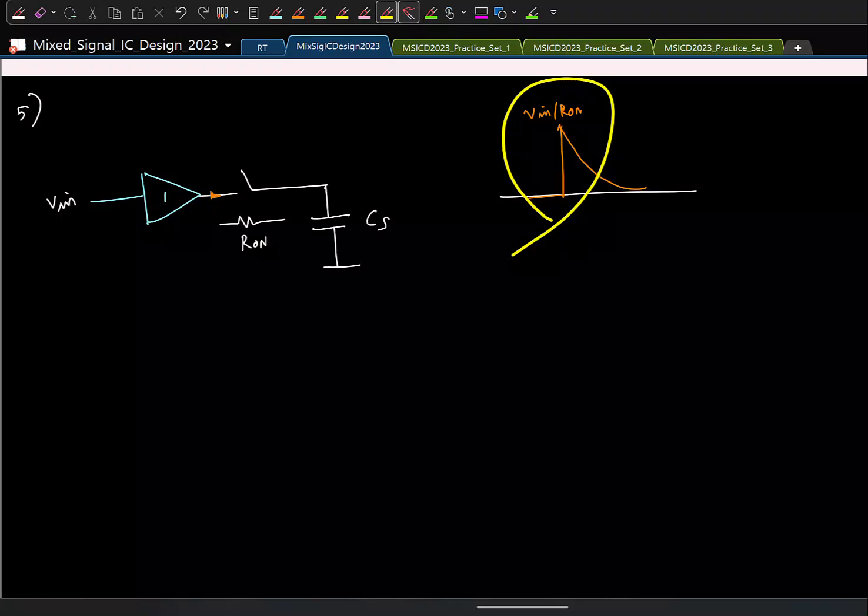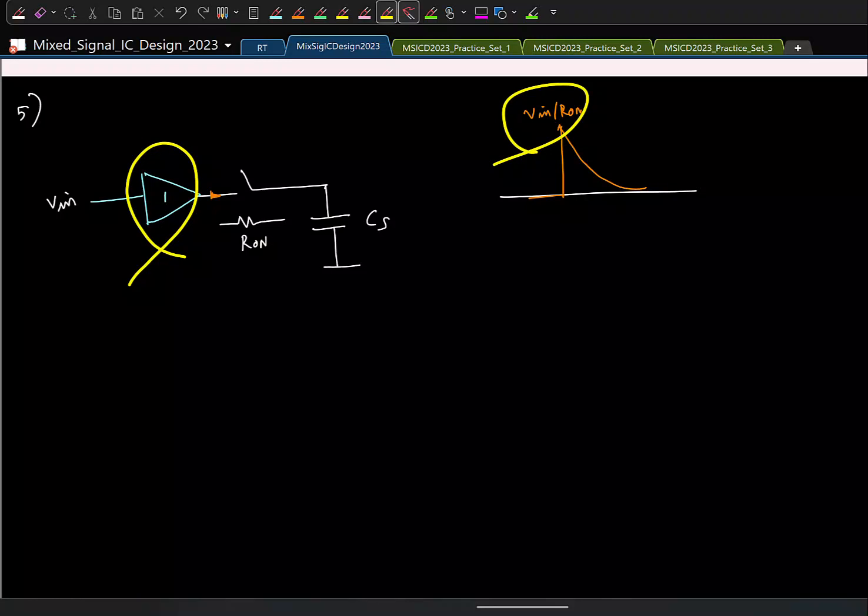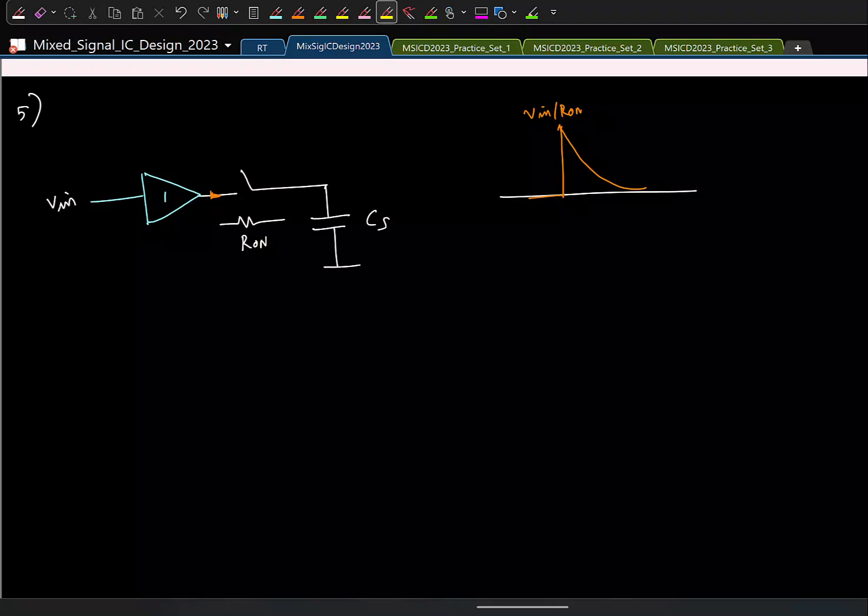If the current provided by the buffer is so high, the bias current in the buffer has to be much higher than that. In addition, we want to make sure that the buffer doesn't add any non-linearity by itself. You might have designed an ADC with very good linearity, but this buffer should not add its own non-linearity.